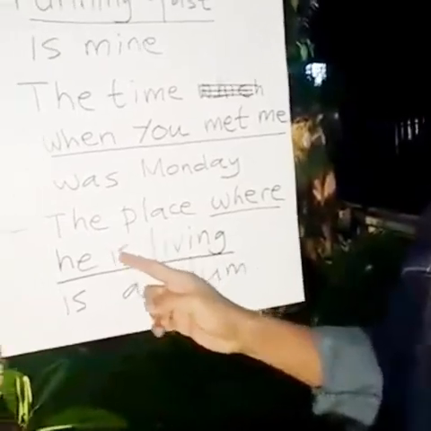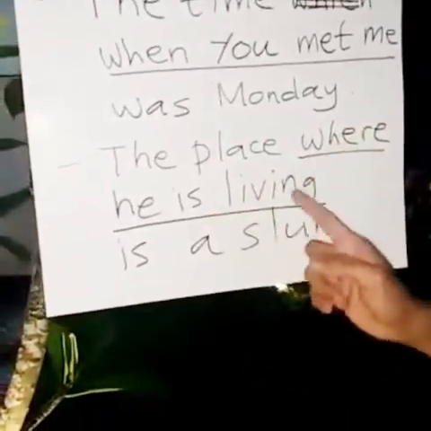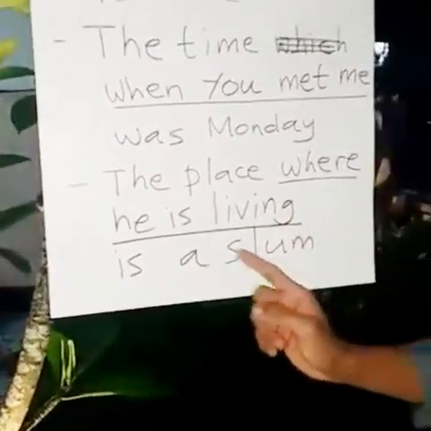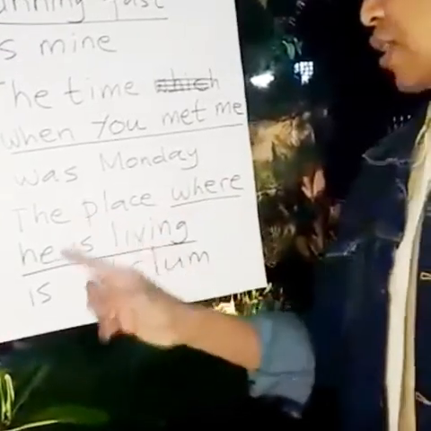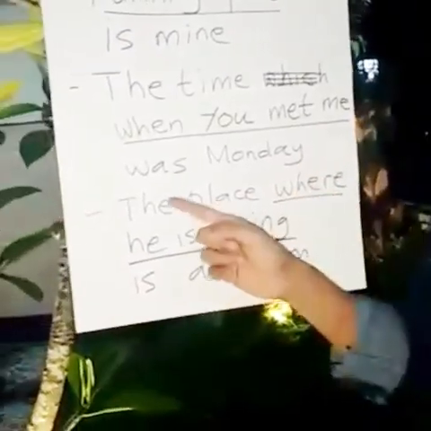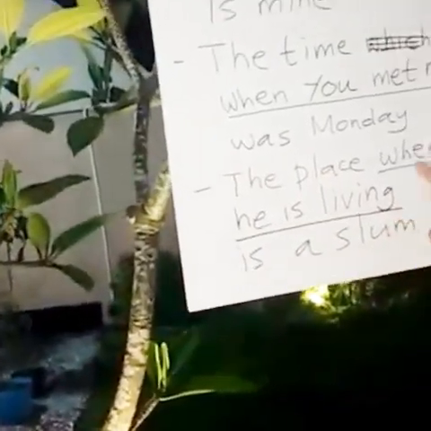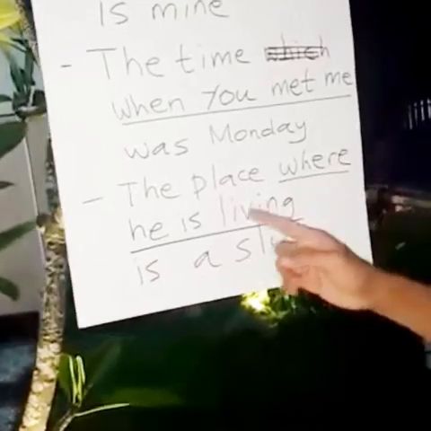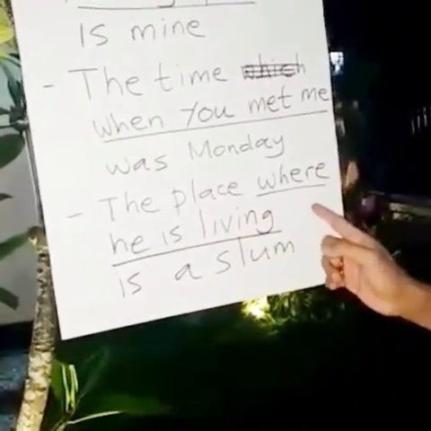And then next example. The place where he is living is a slum. Where refers to place. So actually it also has two sentences. Sentence 1, the place is a slum. And then the second sentence, he is living in the place.